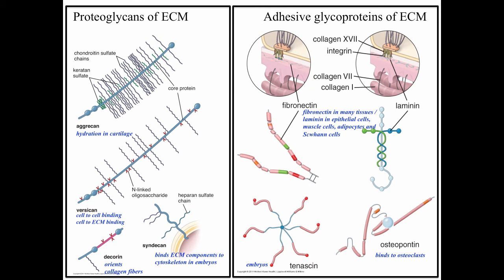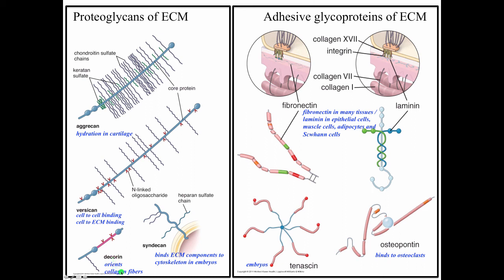And these cartoons just show some diagrammatic views of proteoglycans on the left and adhesive glycoproteins on the right. So among the proteoglycans, aggrecan is important for hydration in cartilage. Versican is important in cell-to-cell binding and cell-to-extracellular matrix binding. I'm not going to ask you to worry that much over the molecular details of these structures. I just want you to get a sense of how they're put together.